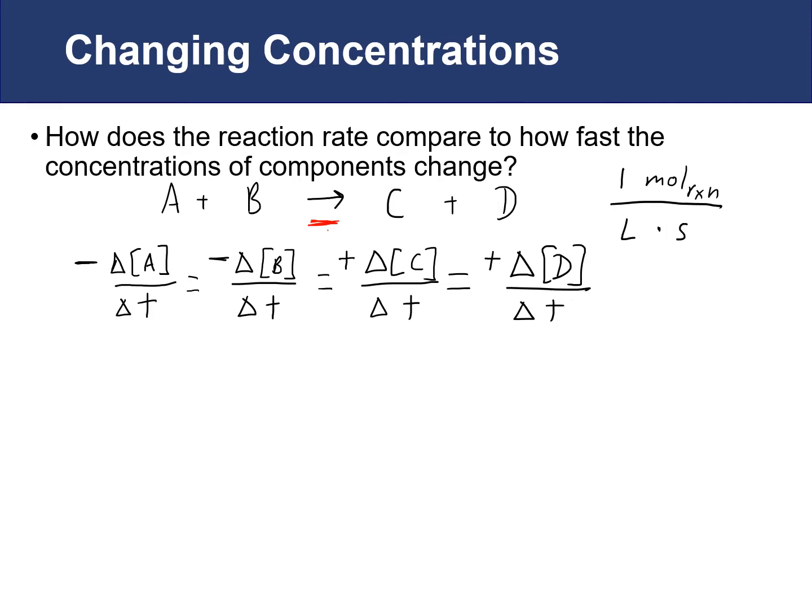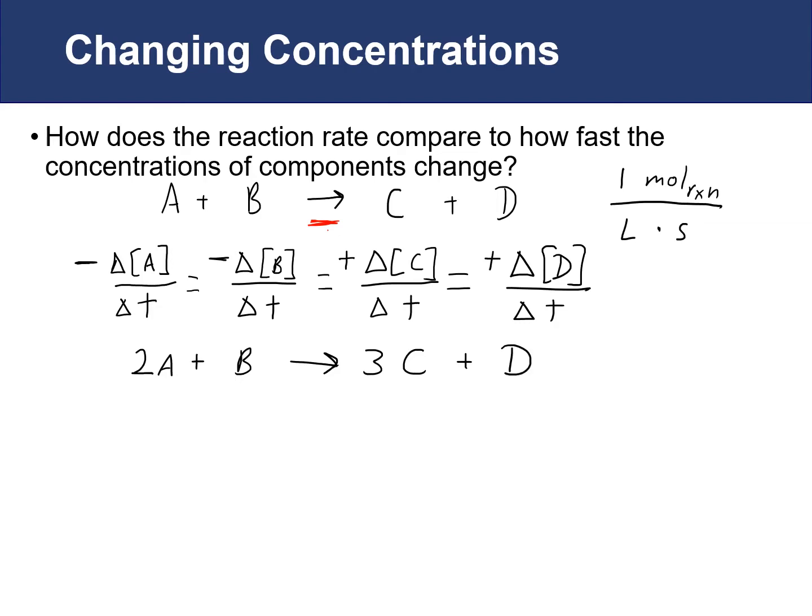Now, this is all well and good, but most of our reactions don't have just 1 as the coefficient in front of each one of our values. If we look at something a little bit more complicated, let's say we're going to look at a similar reaction, but this time we're going to put some coefficients in front. So let's say we have 2A plus B goes to 3C plus D, right?